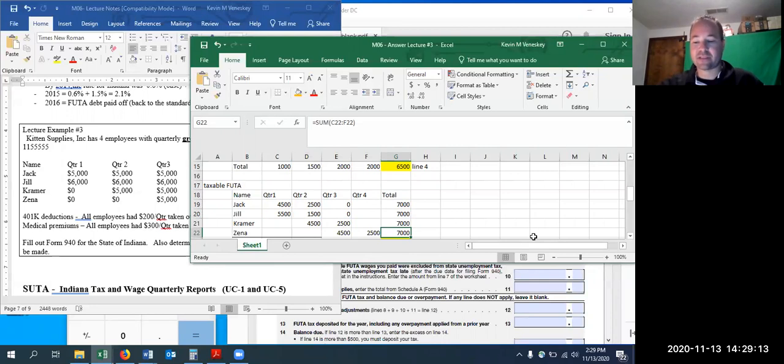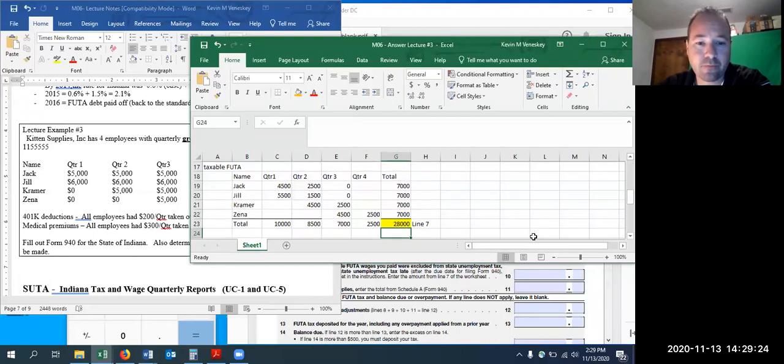So we actually have some FUTA tax that's being paid per quarter. Or not necessarily paid, but at least being accumulated. So these are the total amounts that you should have. And this would be our box 7. When you add up the 7,000, and this is how you can begin to work backwards.